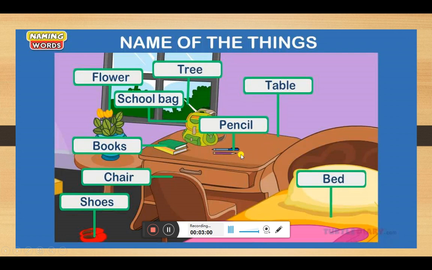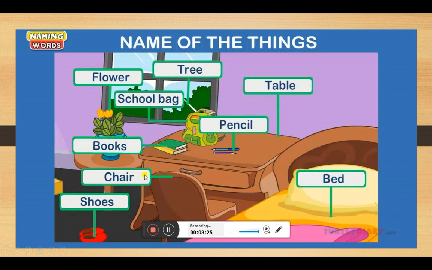But one thing that we can notice here is that the naming words or the nouns can come in two different forms. They can be singular or only one thing, like the word bed and the word table, pencil, tree, flower, school bag, chair.